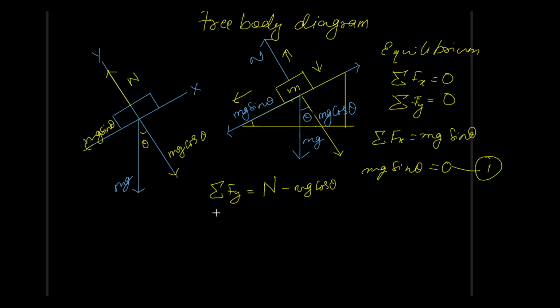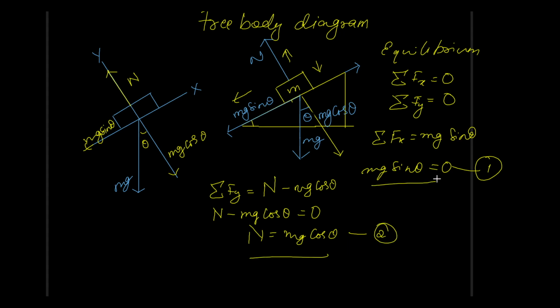And the summation of force in y direction is also 0, so that means I can write n minus mg cos theta is 0, which gives n equals mg cos theta. So this will be your equation number 2. Now we have got both the equations for the summation of force in x direction and in y direction. So this is how we solve this problem.